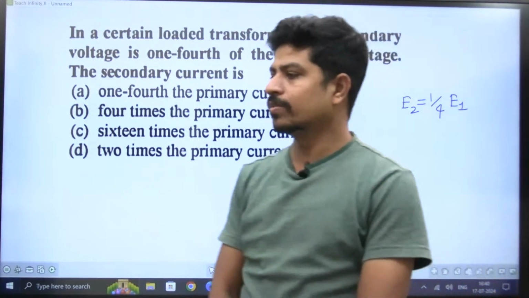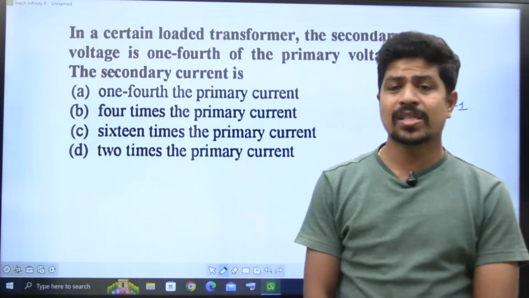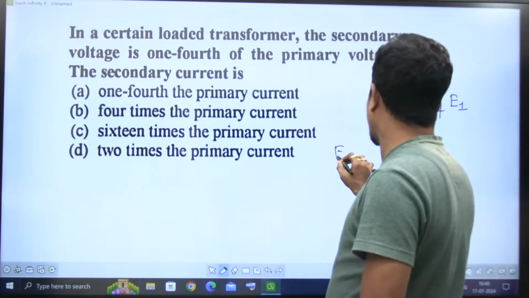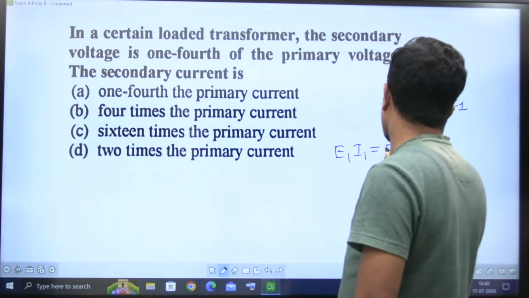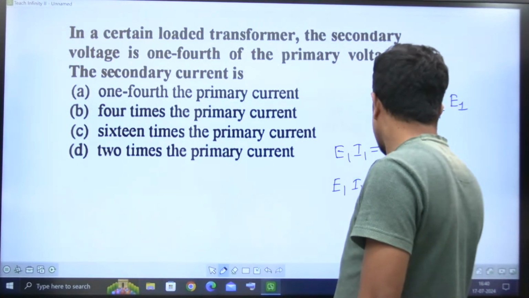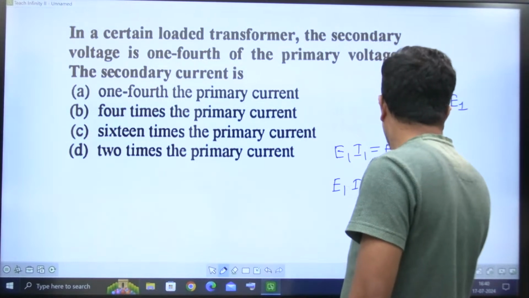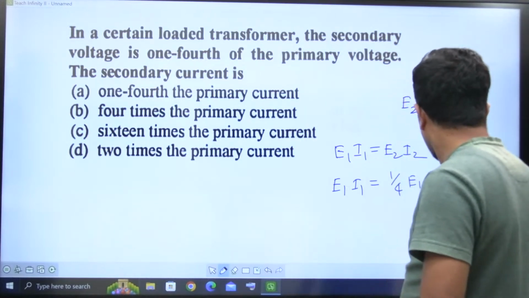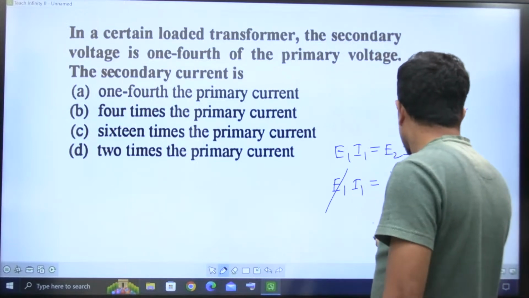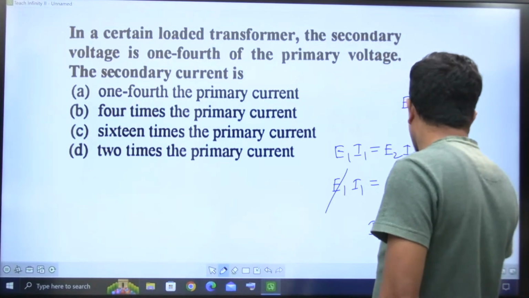We know that a transformer is a constant power device, constant kVA. So E1 I1 is equal to E2 I2. E2 is 1 by 4th of E1, into I2, E1 cancels. So I2 is equal to 4 times I1.